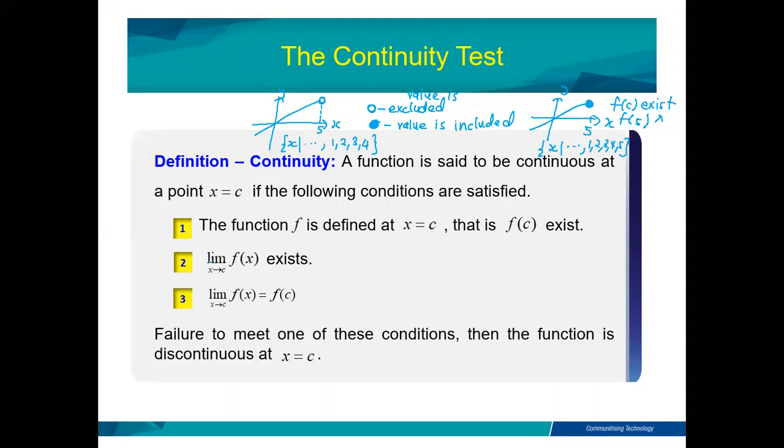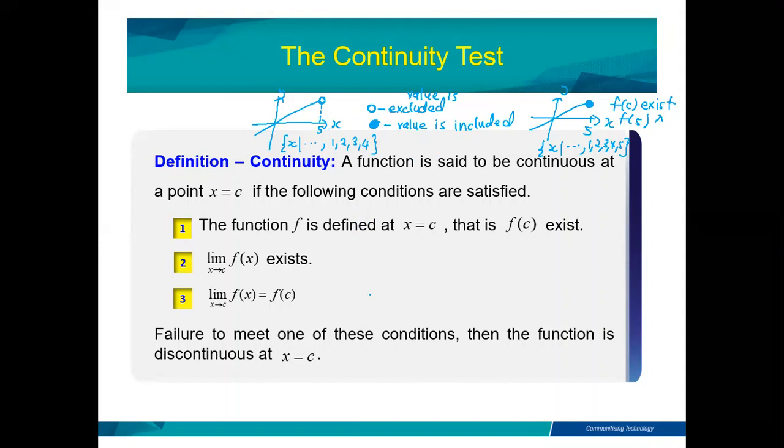So, number 2. The condition for the continuity test is the limit of f(x) when x approaches c exists. This is usual. And number 3 is that condition 1 is equal to condition 2.